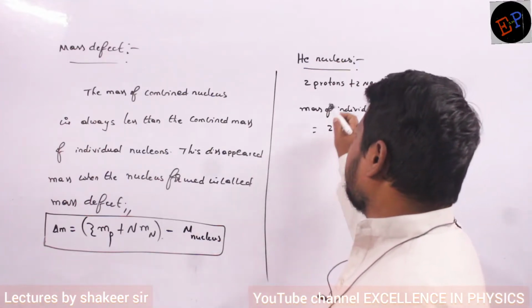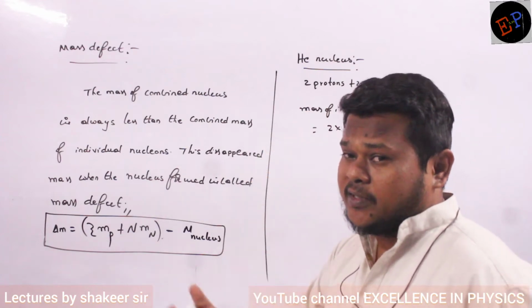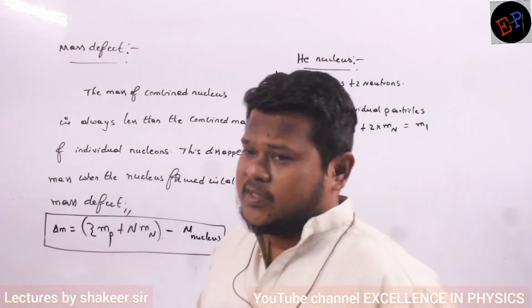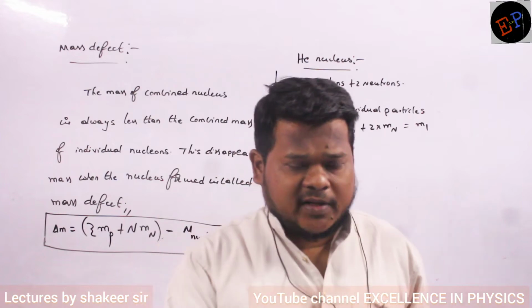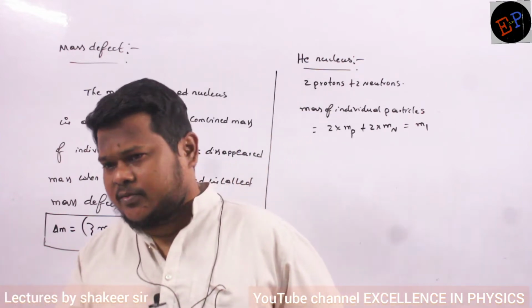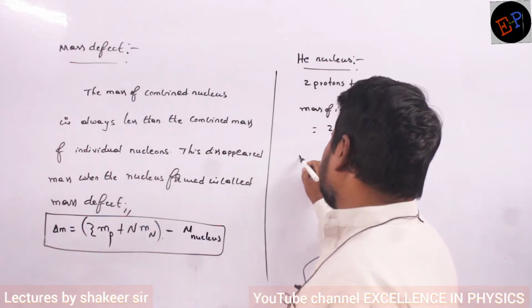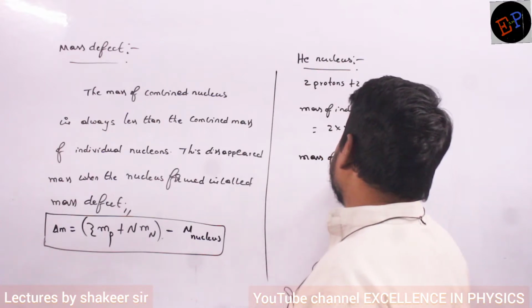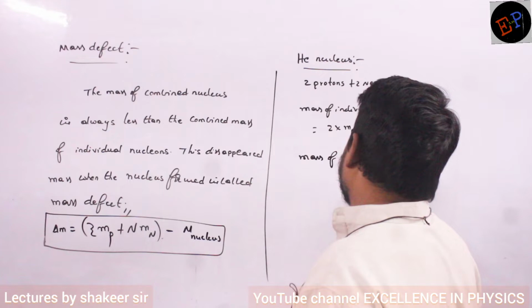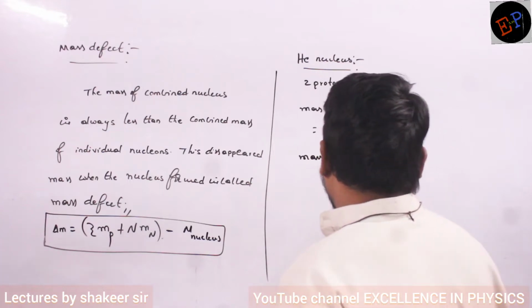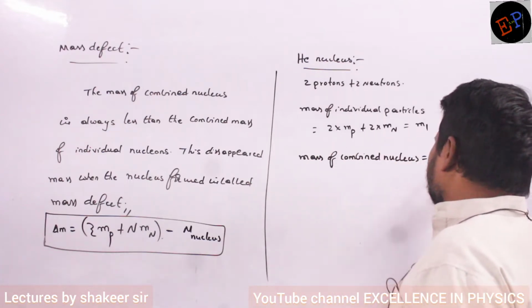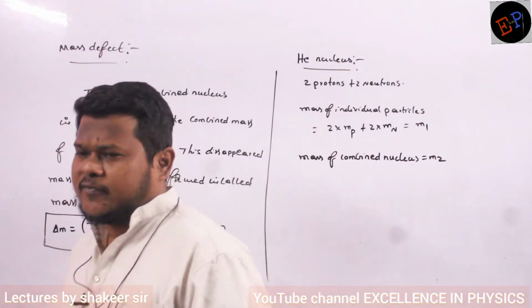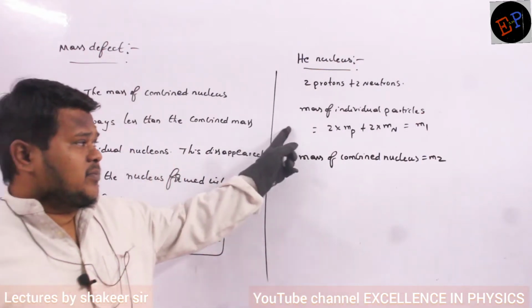Then I will take the mass of the helium nucleus. Inside the helium nucleus also we have 2 protons and 2 neutrons only. Now take the mass of the combined nucleus, and let its mass be M2. So actually we believe that M1 and M2 should be equal.